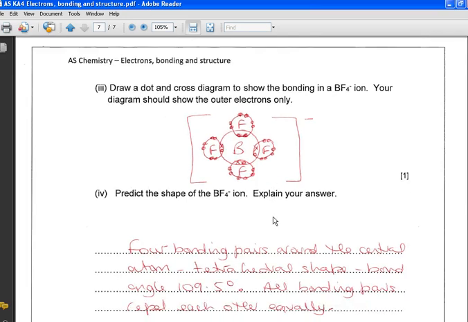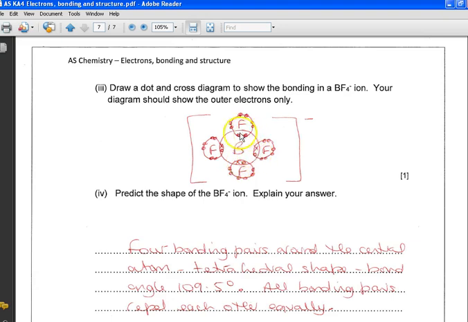And then finally, a dot and cross diagram to show the bonding in a BF4 minus ion, showing the outer electrons only. So we need to show our 4 fluorines and our boron in the middle. We need to show our 3 electrons from boron, which are crosses. The dots are from fluorine.